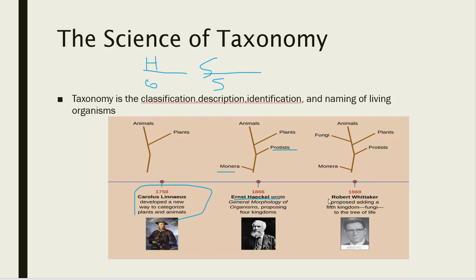And then Mr. Whittaker, all the way in 1969, and they knew about fungi, but at some point they decided that it belonged in its own kingdom. So as far as animal kingdoms, the highest level of class, no, there's a higher level, and kingdom is what we'll start with. Animals, plants, protozoa, Monera, which we would call bacteria, and fungi.